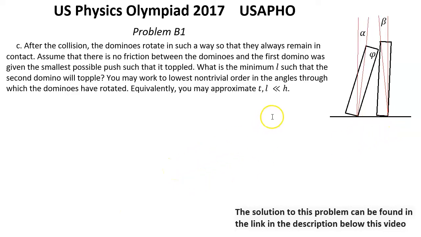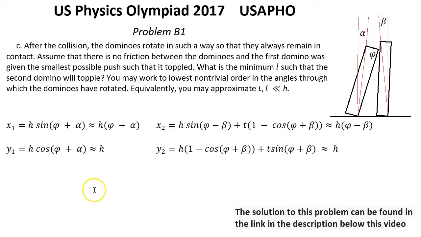Let's count the position for the upper right corner of the left domino and the upper left corner of the right domino. The position for the upper right corner of the left domino, x1, equals this expression, and for small angle that's h multiplied by phi multiplied by alpha.